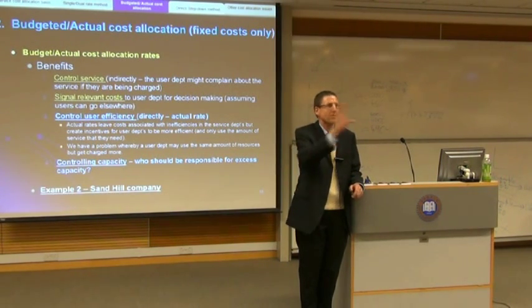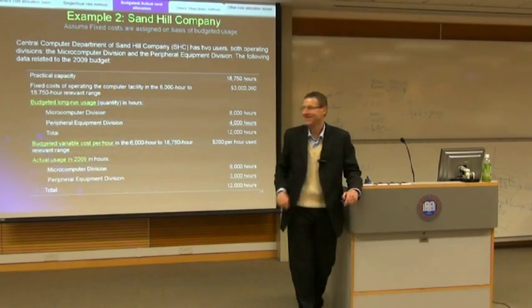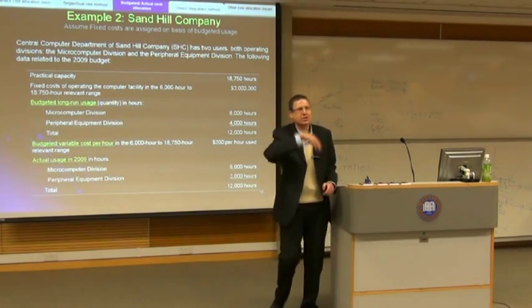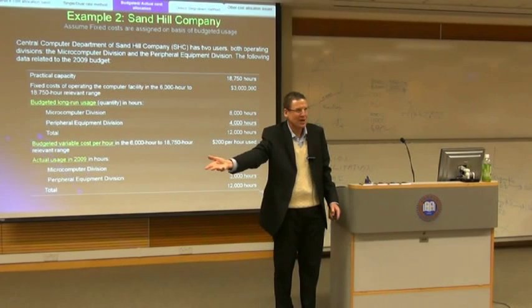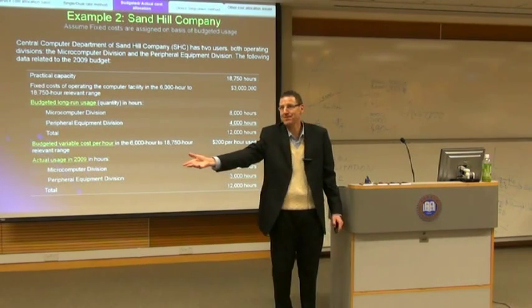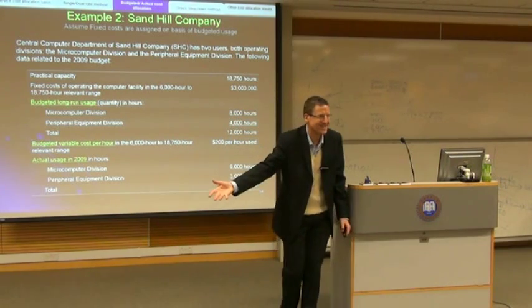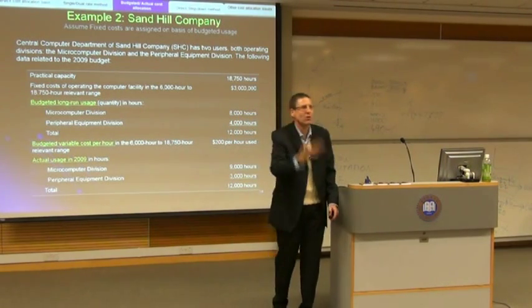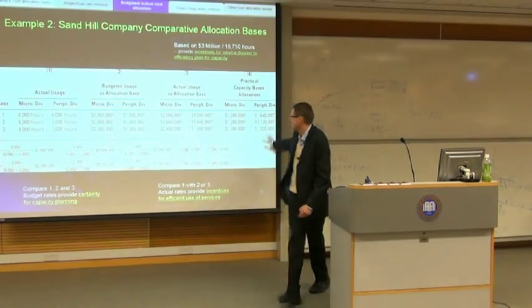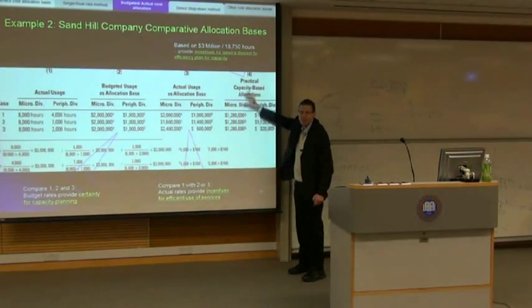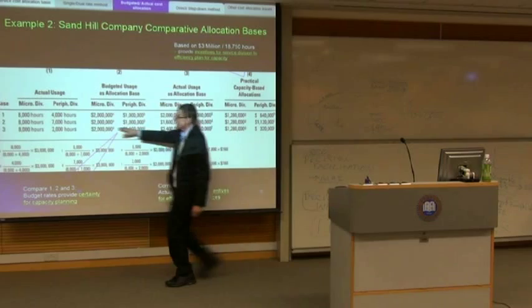You don't allocate all of the fixed costs. And so it signals back to the IT department, hey, you built something that's too big. You are not planning properly. You should have got more information from what was actually going to be used. That's what this scenario is. Number 4. All right, let's have a look at the second case.